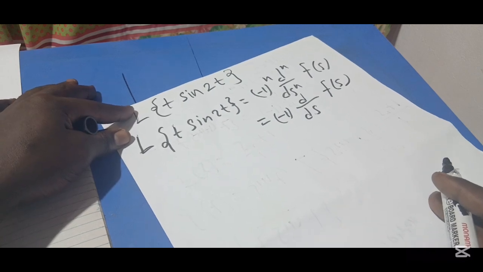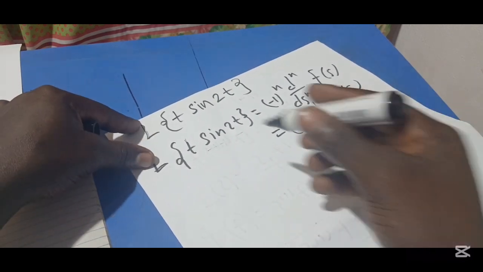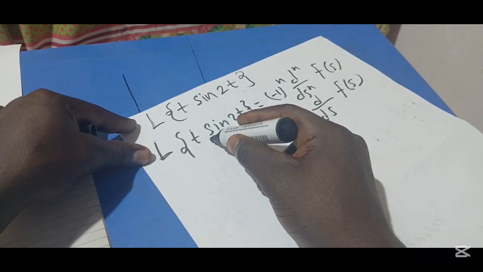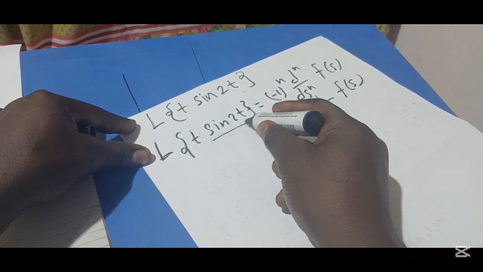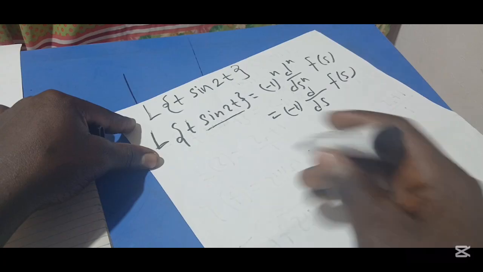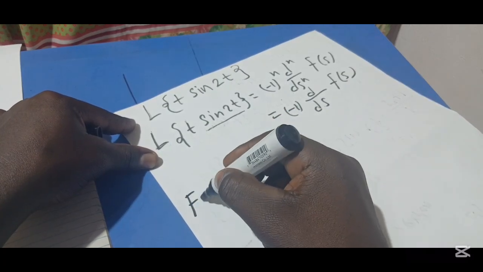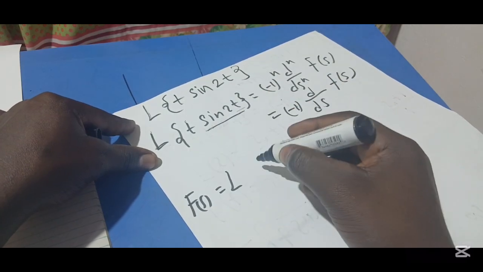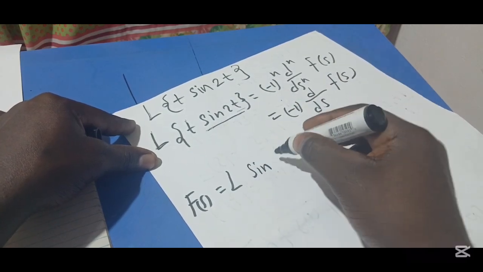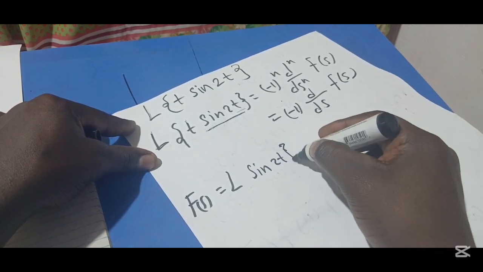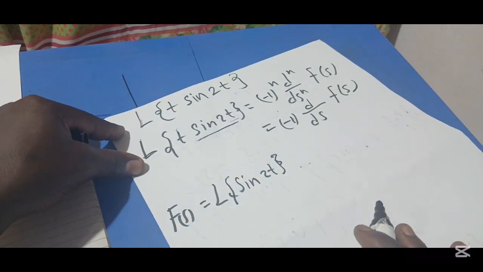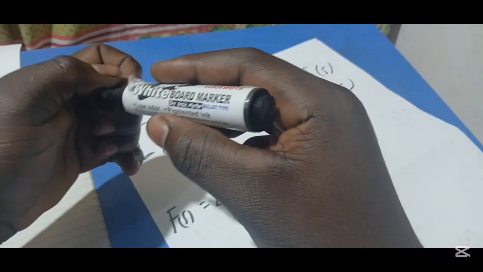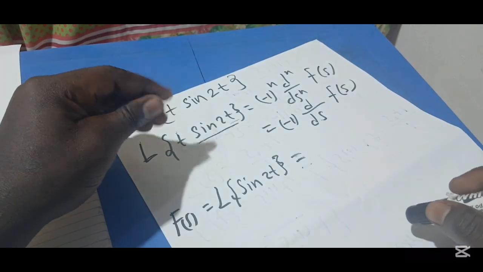So now let's look at our F of s, which is the Laplace transform of f of t, the function apart from t. So we are going to find the Laplace transform of this function right here, sine 2t, right? This is a sine function, and we should know the basic identity that relates the sine function.